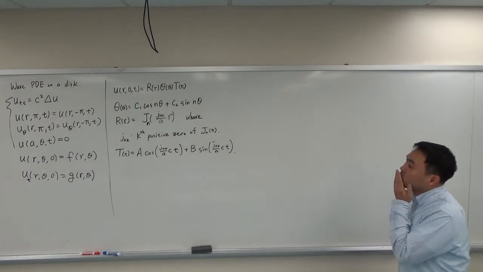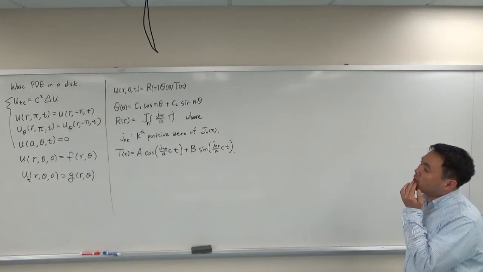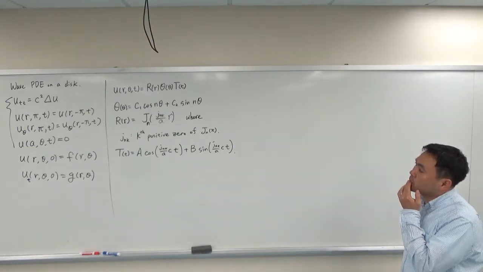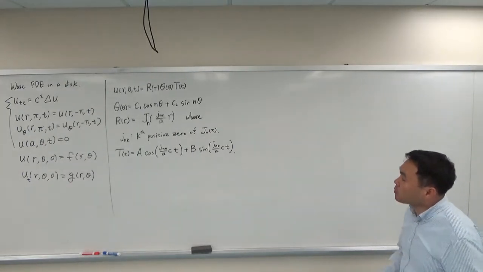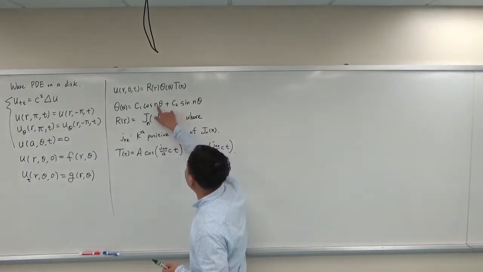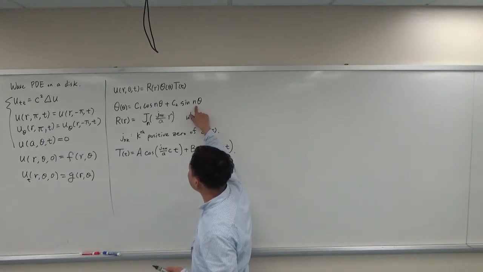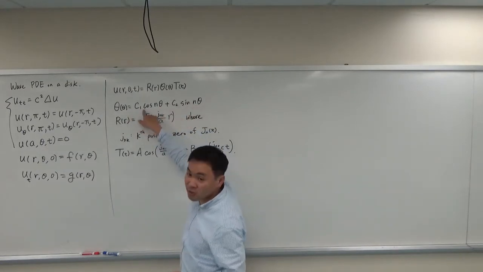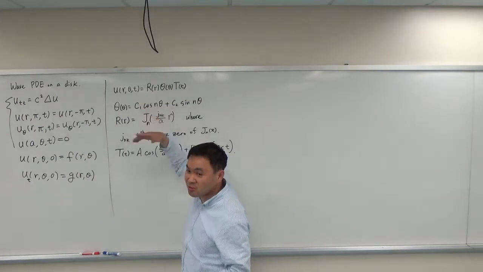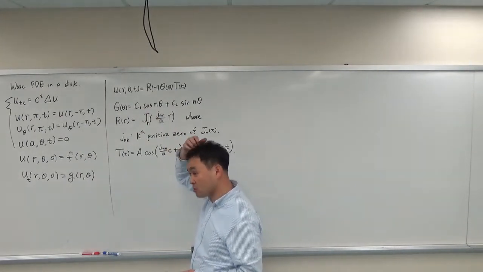Actually, there was a part where I wasn't too clear, which is that you could also have n as 0, and in that case, Theta will just be a constant. And this is something that we've done when we did the Laplace equation on the disk as well.